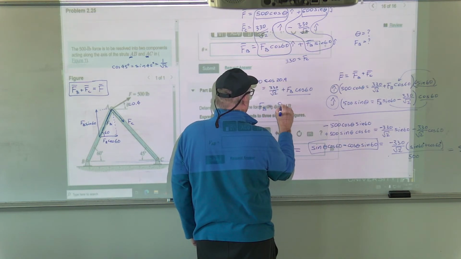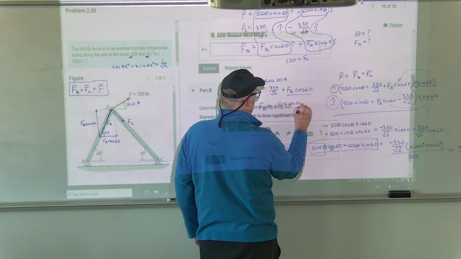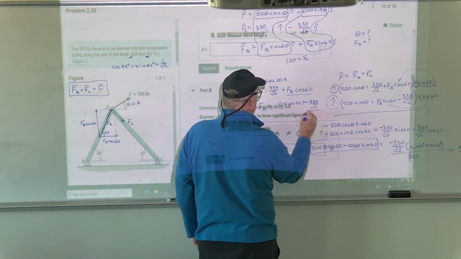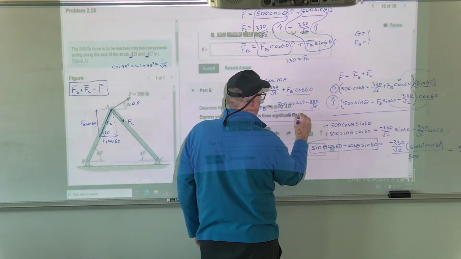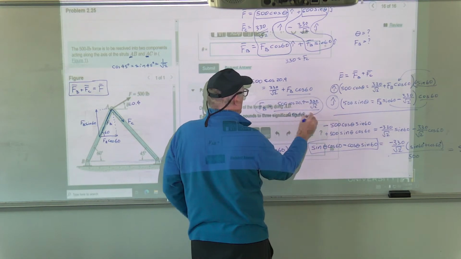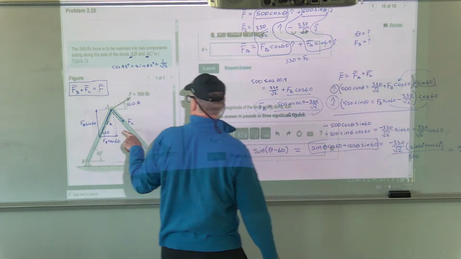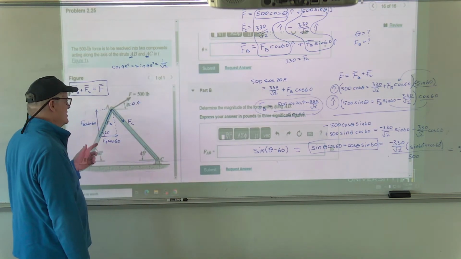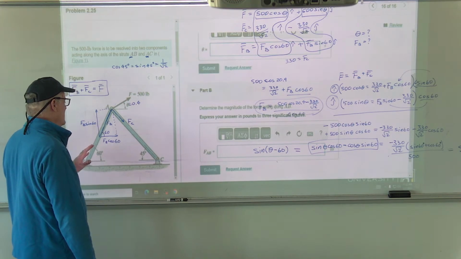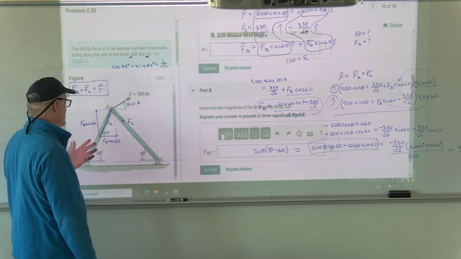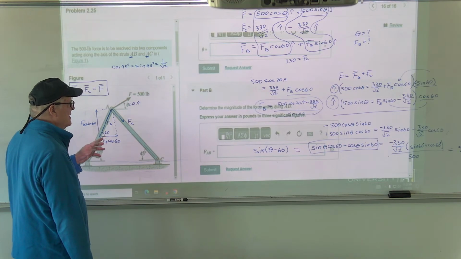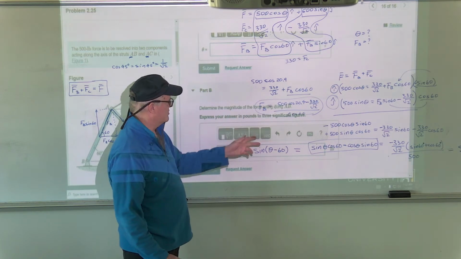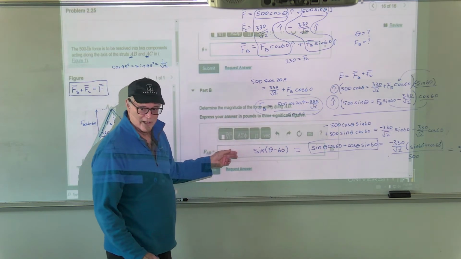That would be your 500 cosine of 20.4 minus the 330 over square root of 2, and then divided by the cosine of 60. That would get your value, which is the magnitude of your FB, which is this one. And notice, I assumed it in that direction, which is fine, but if I flipped it over, he's only looking for the magnitude. He's not looking for a sign on there. So my guess is you put in a positive no matter what there.